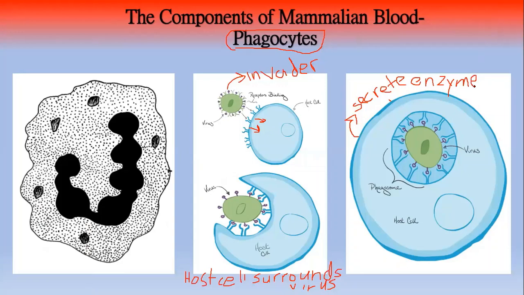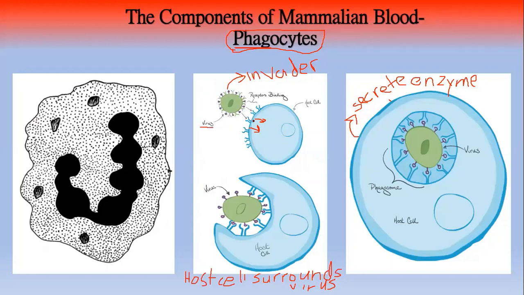So you don't understand. Okay, so the phagocytes, phago means to eat. They fight against foreign invading elements by surrounding those elements and secreting enzymes to destroy them on the inside. So what would happen is that the host cell would identify the virus, for instance, as an invader.